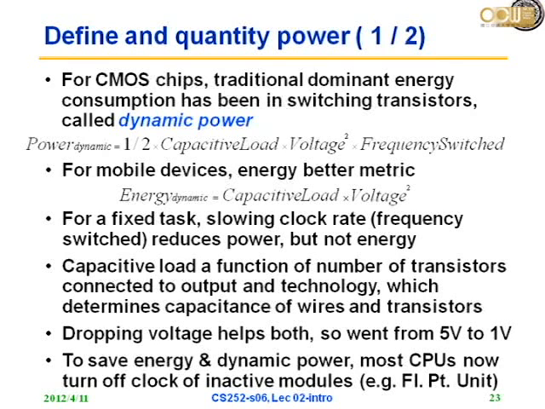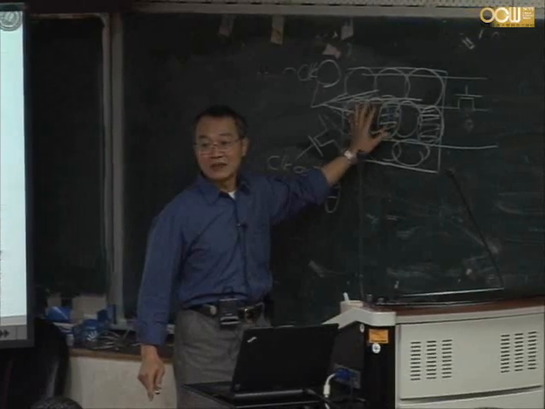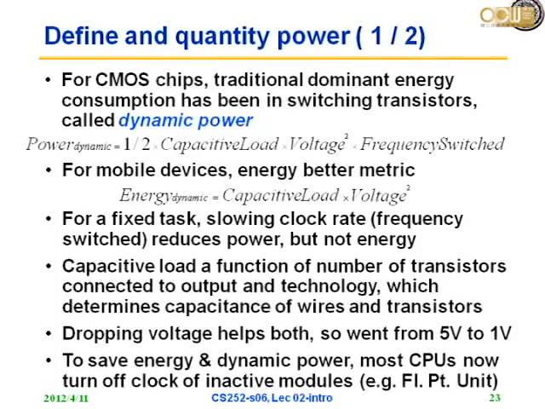For the whole circuit, you may have millions, billions of these equations or numbers for you to sum up to obtain the whole chip's power or energy figures. Okay, a very complicated task.